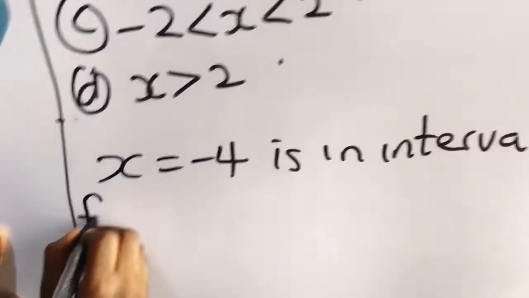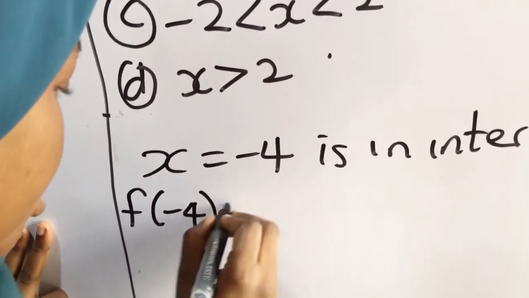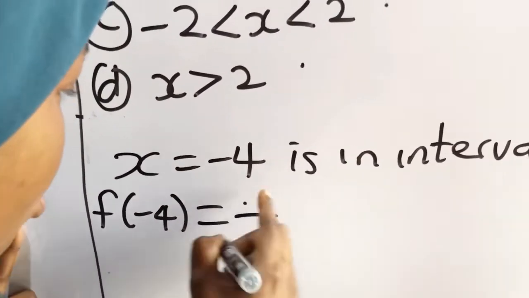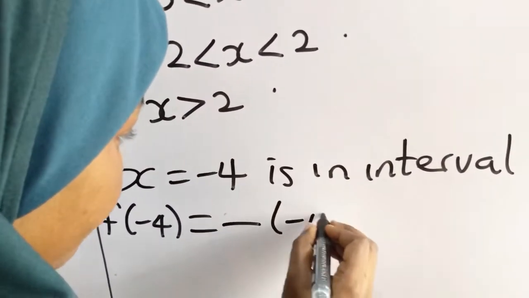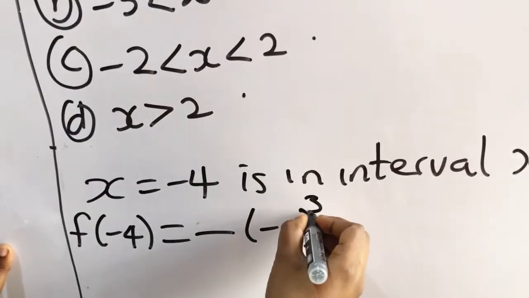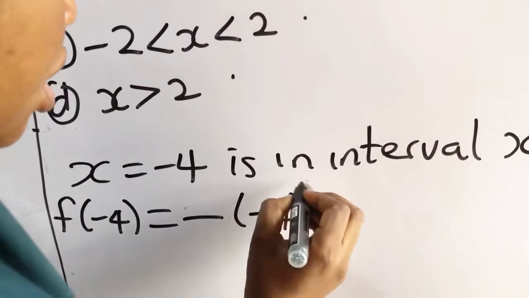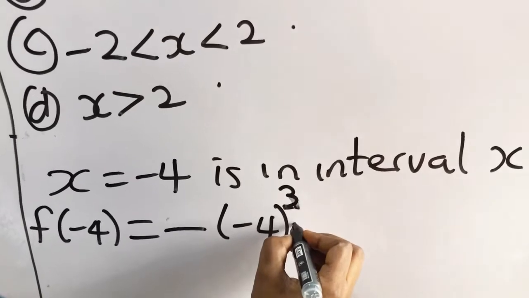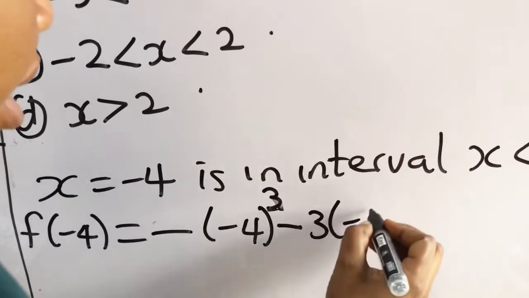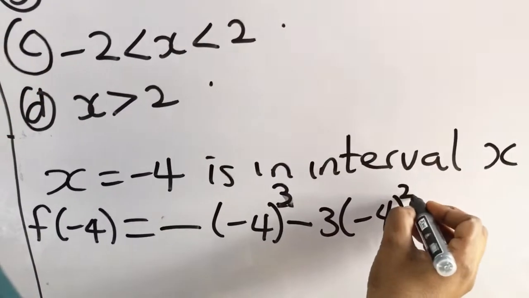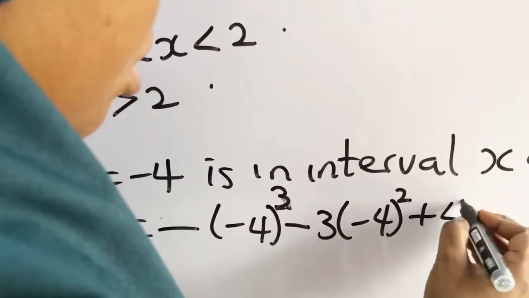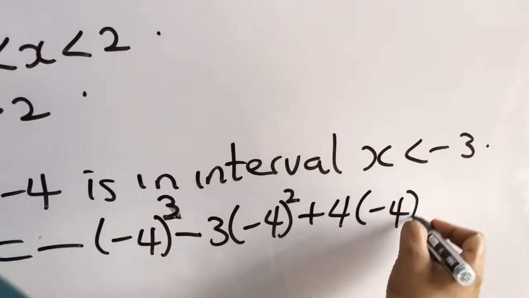So f of minus 4 will now be equal to minus 4 cubed minus 3 multiplied by minus 4 squared, then plus 4 multiplied by minus 4 plus 12.